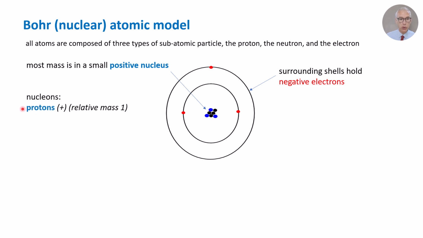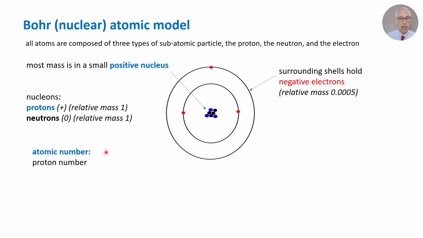There are 2 types: protons, which are electrically positive with a relative mass of 1, and neutrons, which are electrically neutral, also having a relative mass of 1. The negative electrons in the shells have around about 1/2000th of the mass of a proton or neutron.